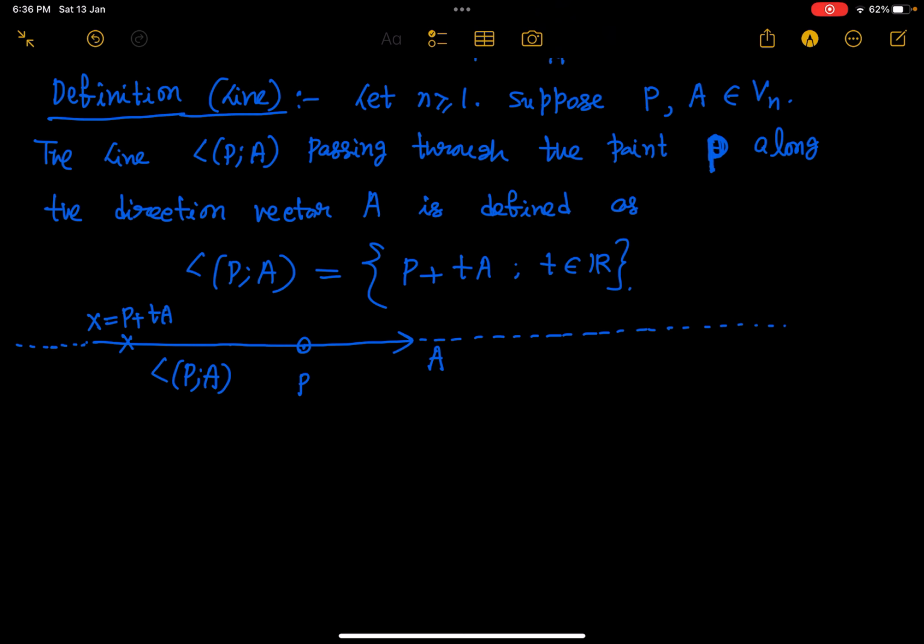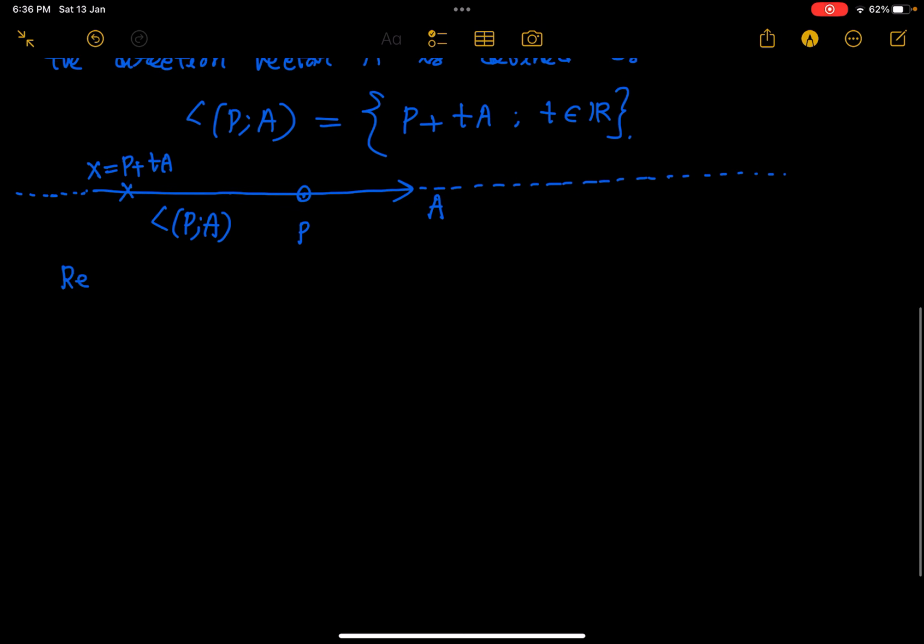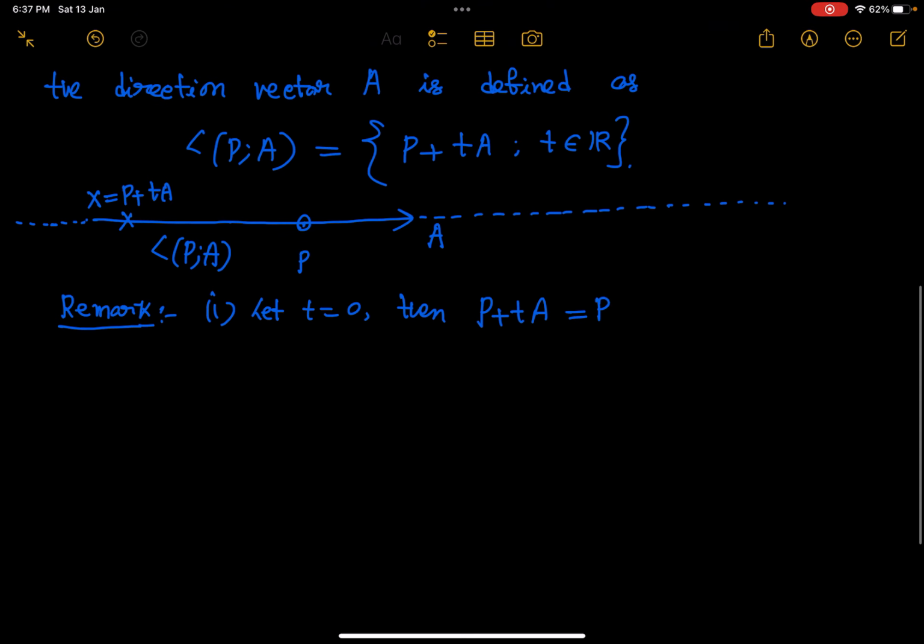So what is the remark? Observe that this P should be on this line. Let t equal 0, then this point P plus tA is nothing but P. So this should be in the line, because all the points of the form P plus tA are in the set.